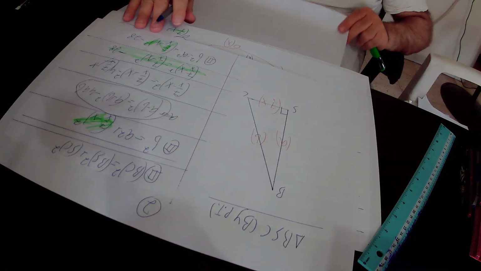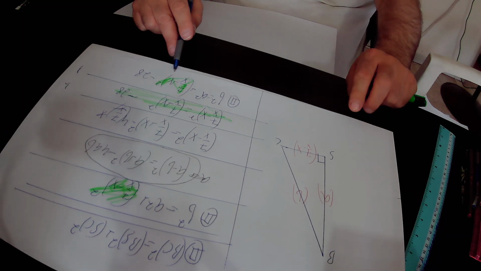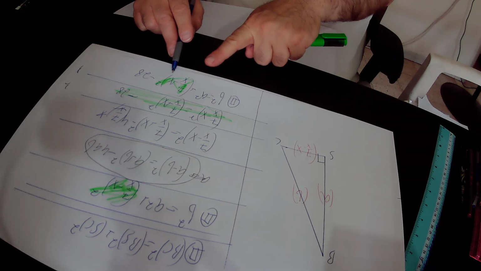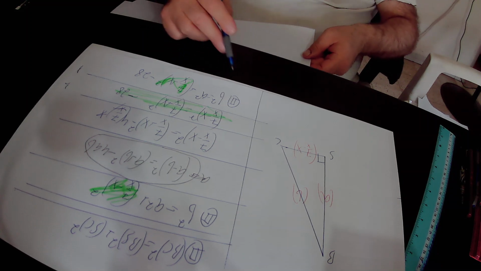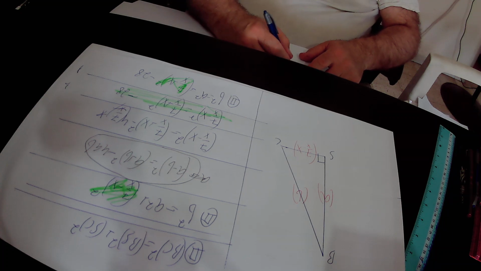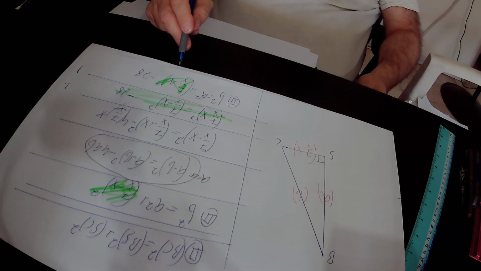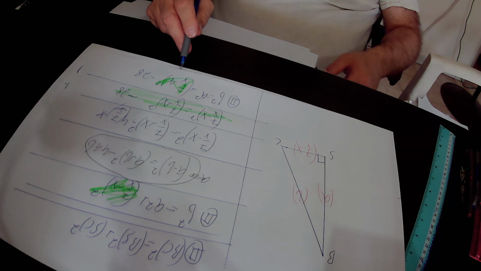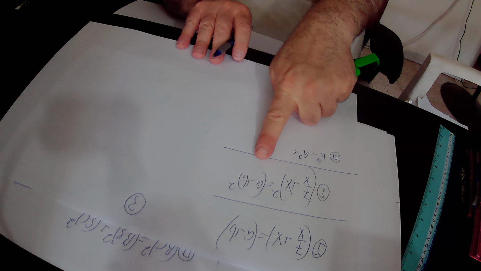Therefore, we can substitute 7 over x plus x squared in equation 1 by a plus b squared. We do it now, and according to equation 2, b squared equals a squared plus 7 over x plus x squared, and 7 over x plus x squared equals a plus b squared.